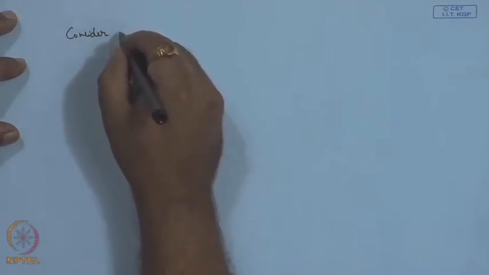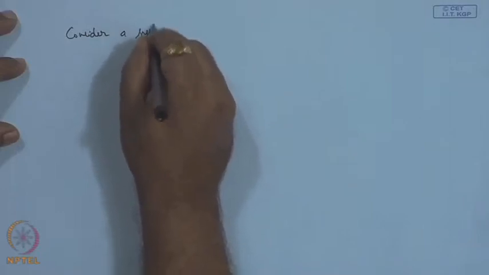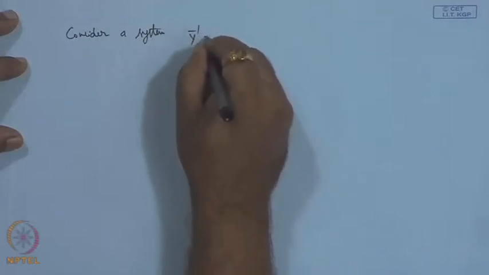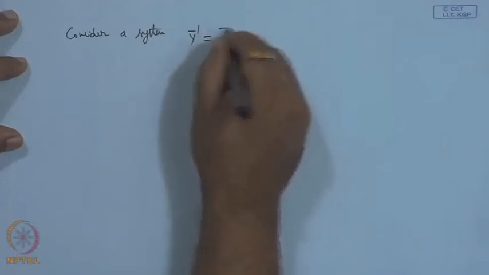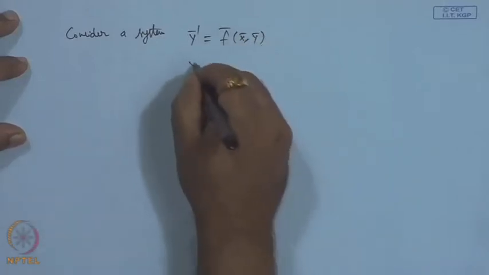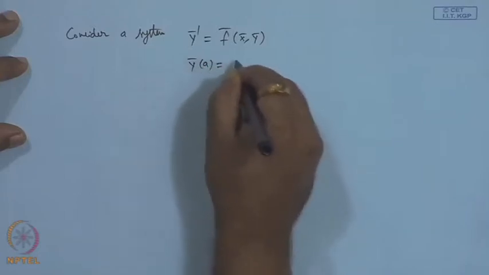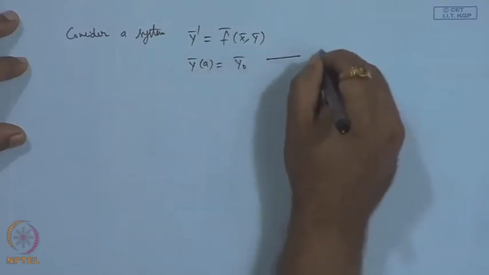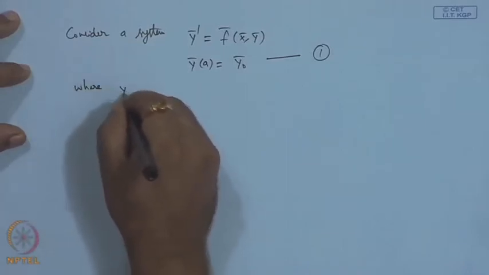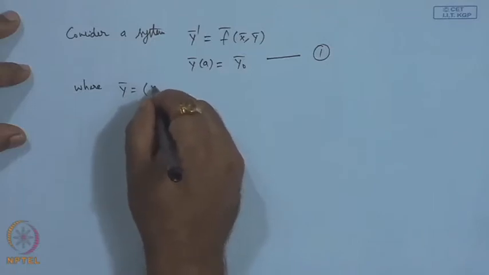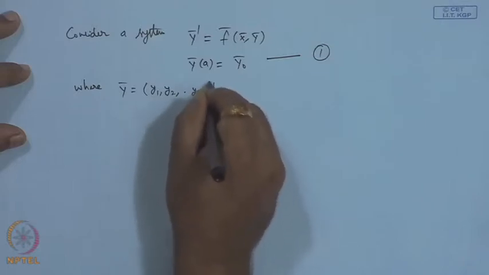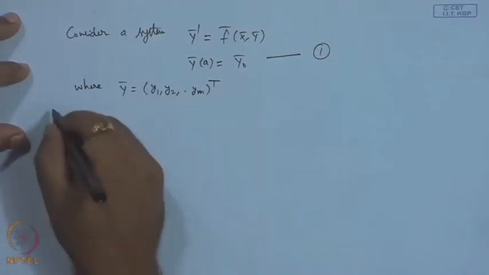Consider a system, that means a system of IVPs, okay. So, where these are the unknowns.